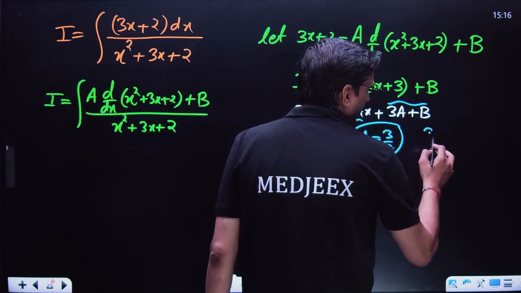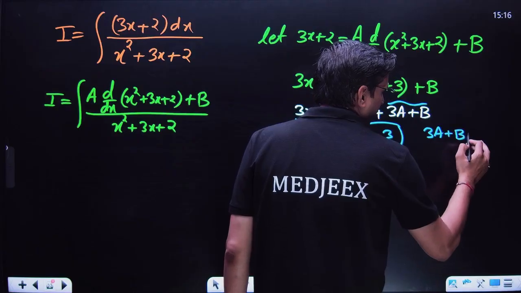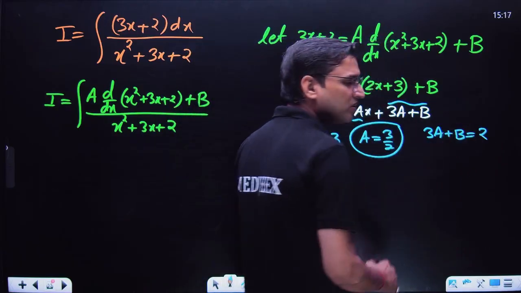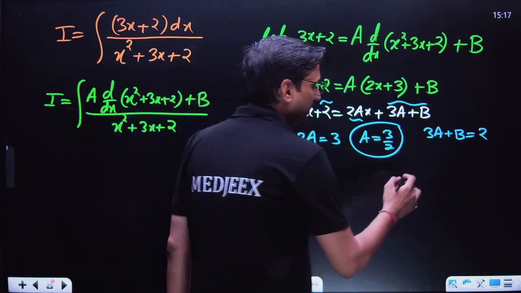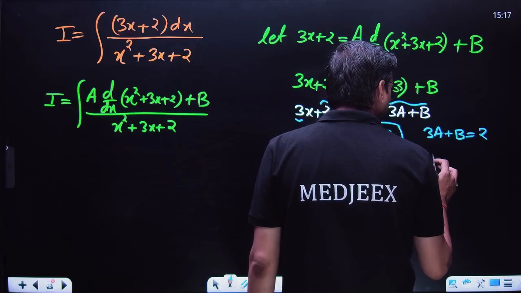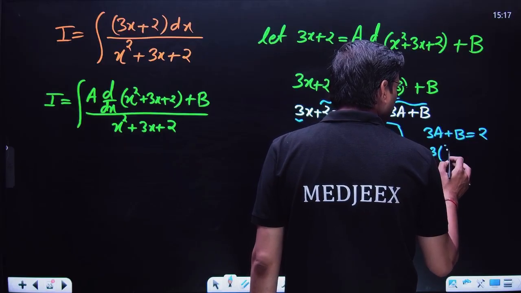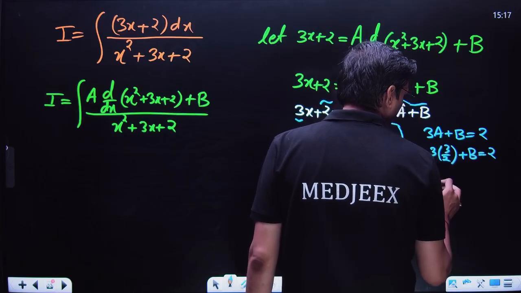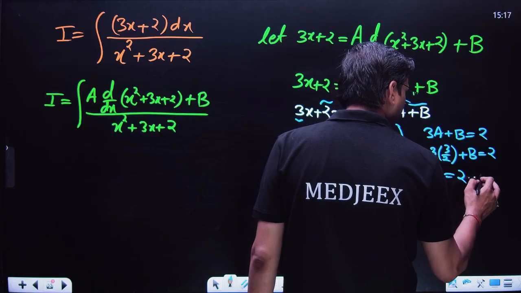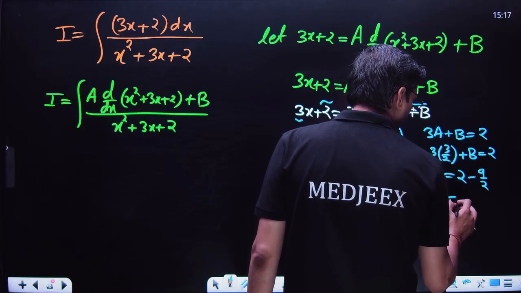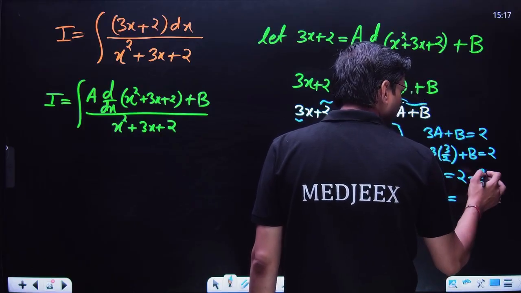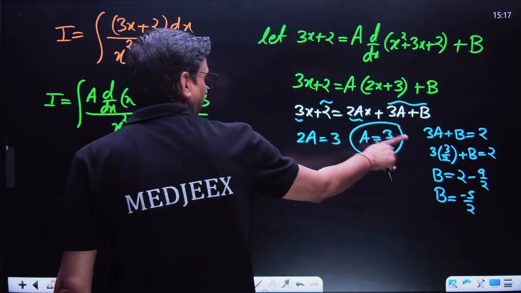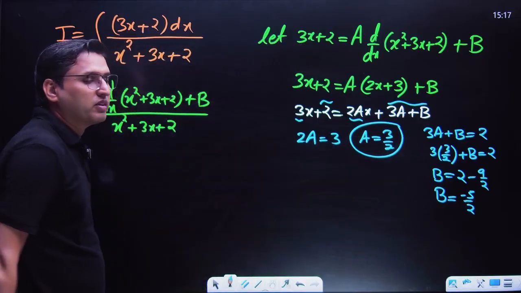Now 3a + b is equal to 2, the constant term on the left-hand side, correct? Then substituting a as 3/2, it becomes 3/2 into 3 + b is equal to 2. Now what will be b? b will be 2 − 9/2, that is 4 − 9 over 2, which is −5/2. I am getting a as 3/2, b as −5/2.